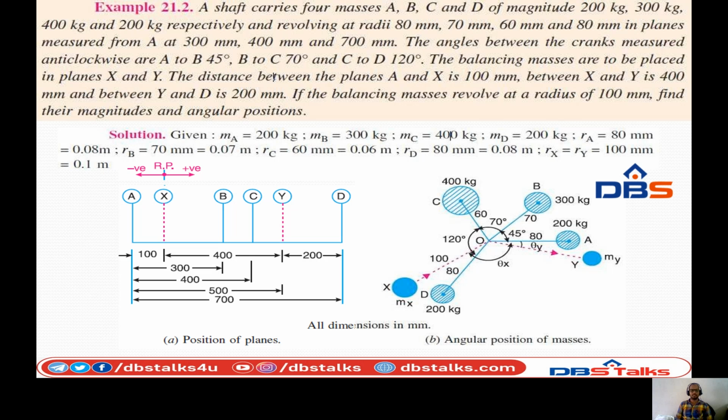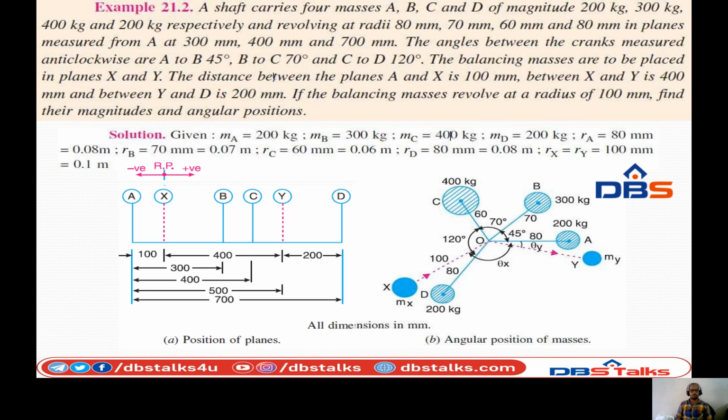Then after that, which plane is going to be the reference plane? Either X or Y only. But what is our main clause?